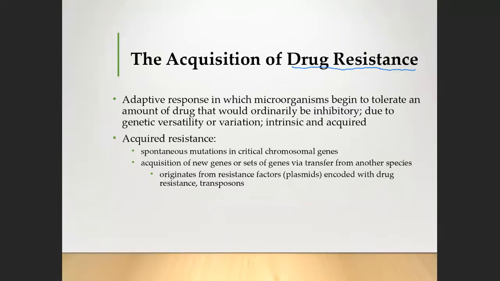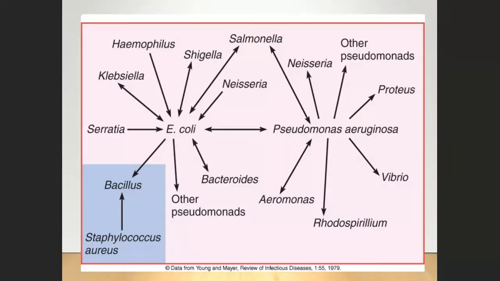Okay, so the bacteria that is resistant to drug means that the bacteria is actually stronger, and then in order to kill them, we have to increase the dose of the drugs. Okay, so now the question is how these bacteria are able to be resistant. We're going to see a little bit about how they actually have the resistant gene.